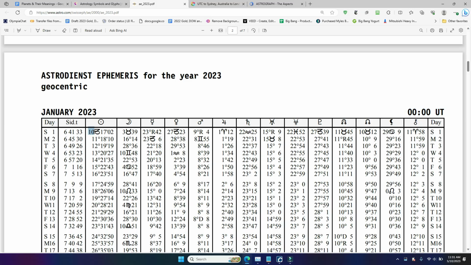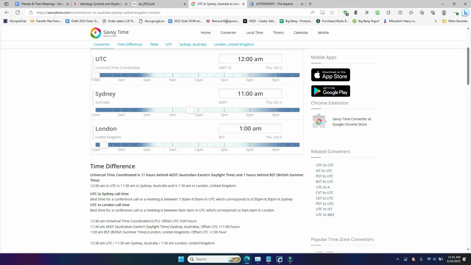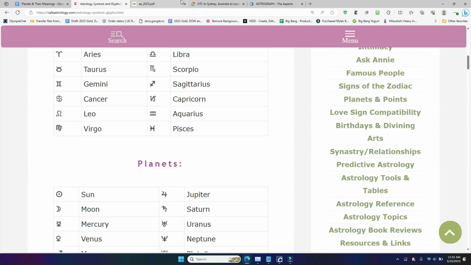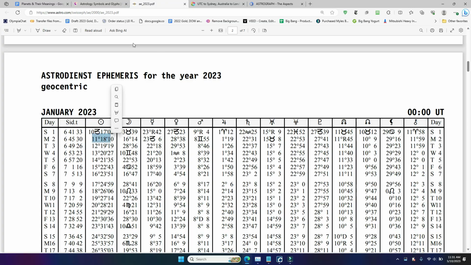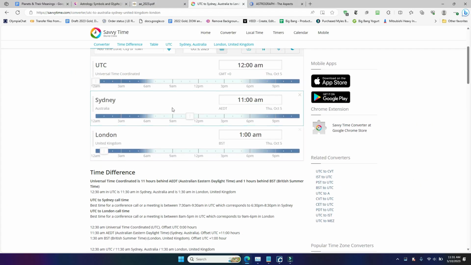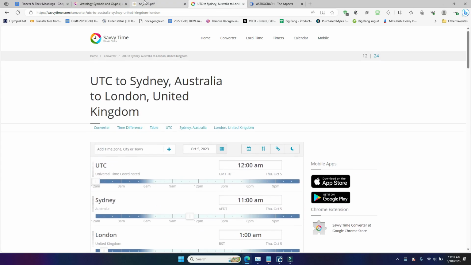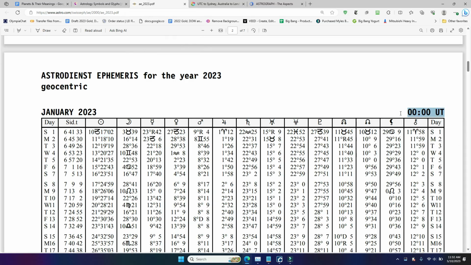This was at 10 degrees and 17 minutes. At 1 a.m. on Monday, it was at 11 degrees, 18 minutes. And that's how you do your calculation. As for Australia, 11 a.m. would be 11 degrees, okay? So that's just a handy way to quickly convert your time zone to match this.